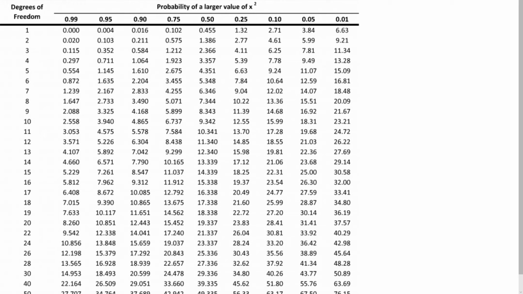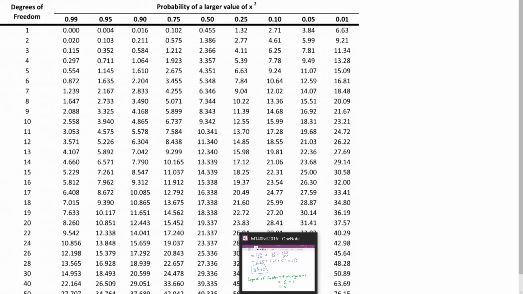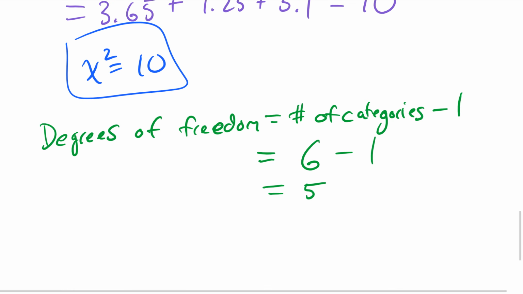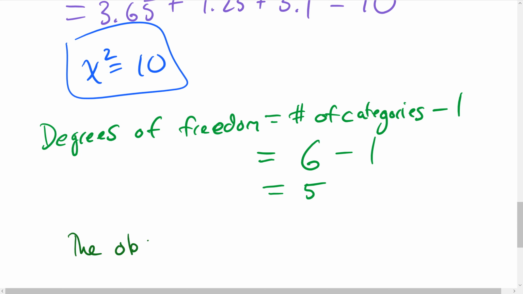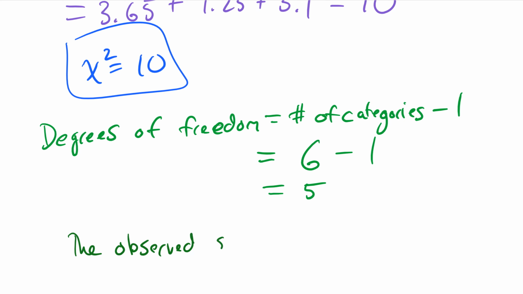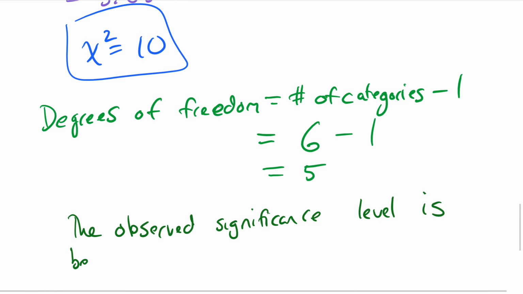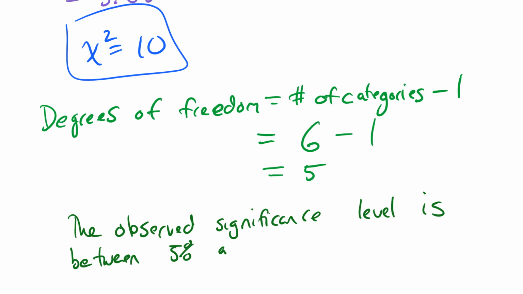So what we can say is that the p-value, the observed significance level, is between 5% and 10%.